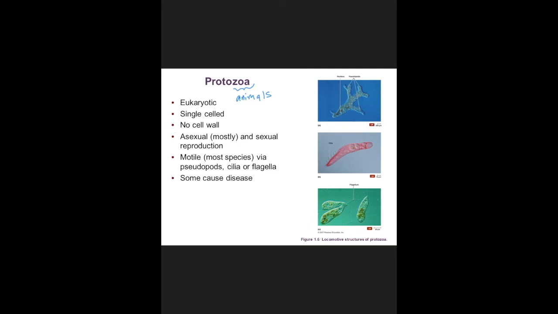Now, hopefully you remember a cell wall is a distinct structure from a cell membrane. So, of course, they have cell membranes, they're cells, but they do not have a cell wall surrounding them. They reproduce by a variety of means, mostly asexual. Some have sexual means of reproduction, and most are motile, either via pseudopods, like you see here in the amoeba, or via cilia, these short little hair-like projections, or the longer hair-like projections called flagella.